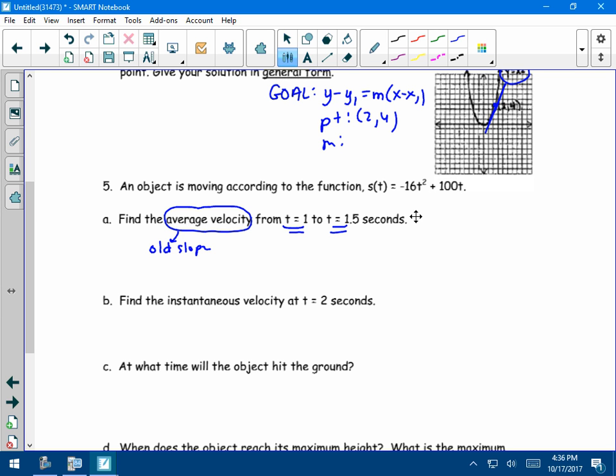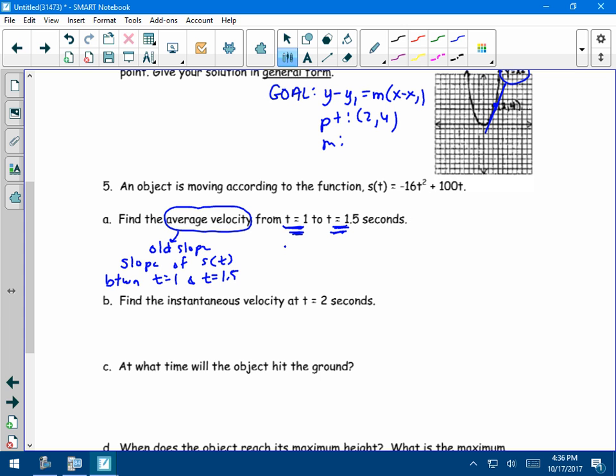Average velocity would just be find the slope between 1 and 1.5. So this is the slope of s of t between t equals 1 and t equals 1.5.